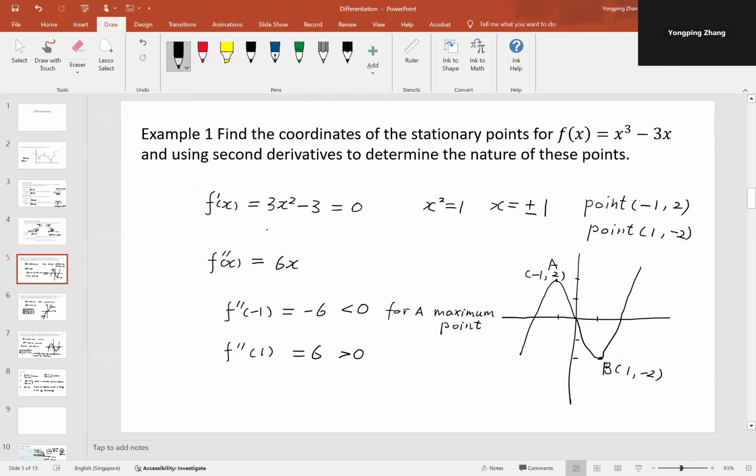For point B, the second derivative is more than 0. So this is the minimum point.